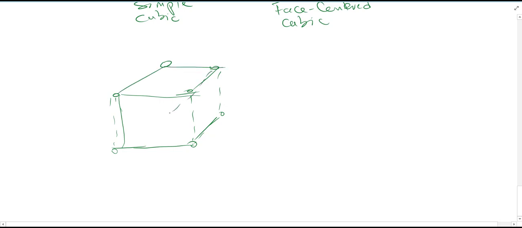If you connect this one to the diagonally opposed to it, this one to the diagonally opposed to it, this one diagonally opposed to it, there is another one that is opposed to this one from the other side that is not showing in here where the other type of atom is. Again, you don't necessarily have to have it of a different type, but at least this is one way of looking at it in this case. So this is a body-centered cubic crystal.